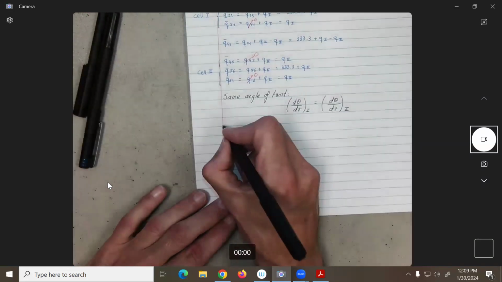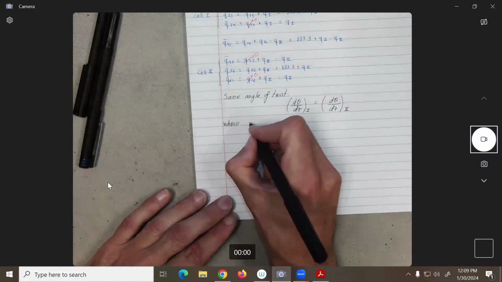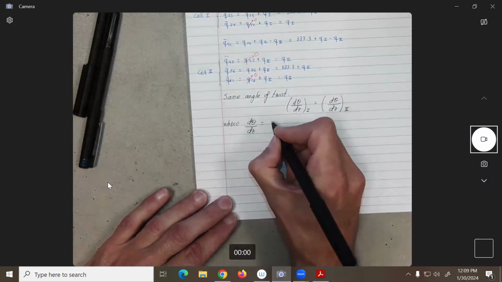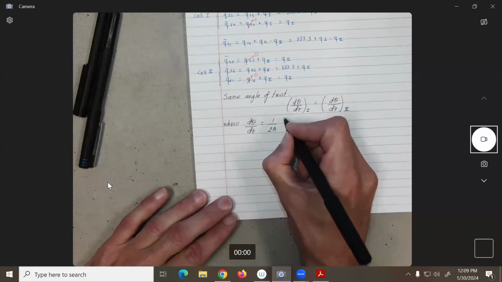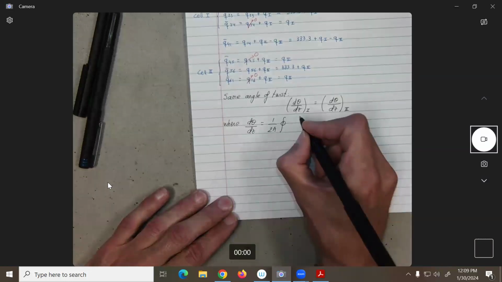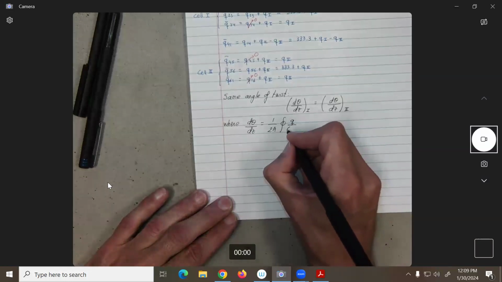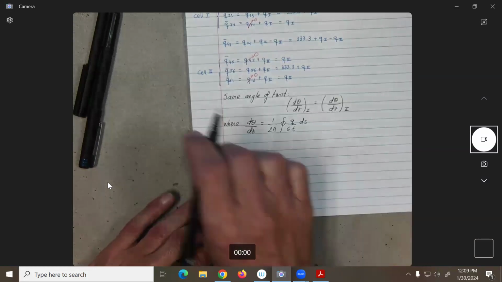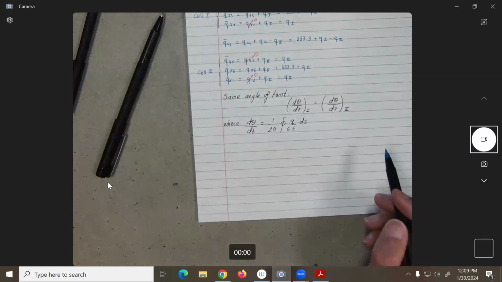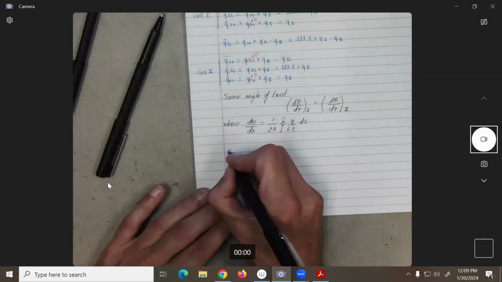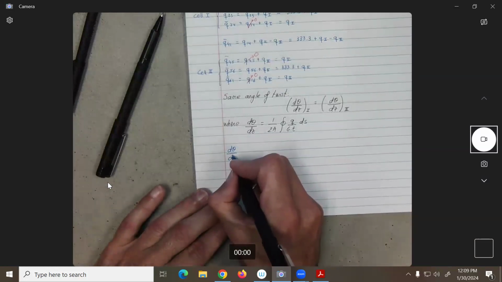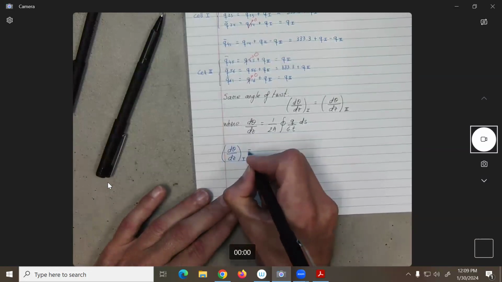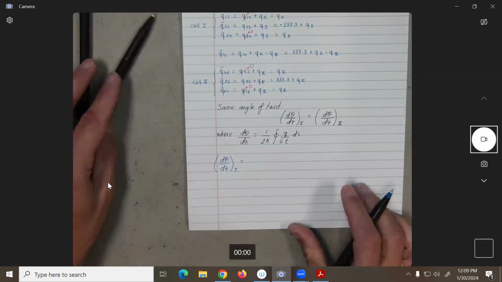Okay? Where we say on the previous page, d theta dz is equal to 1 over 2a. You go around q over gt ds. All right, so what does that mean? D theta dz of the first cell.